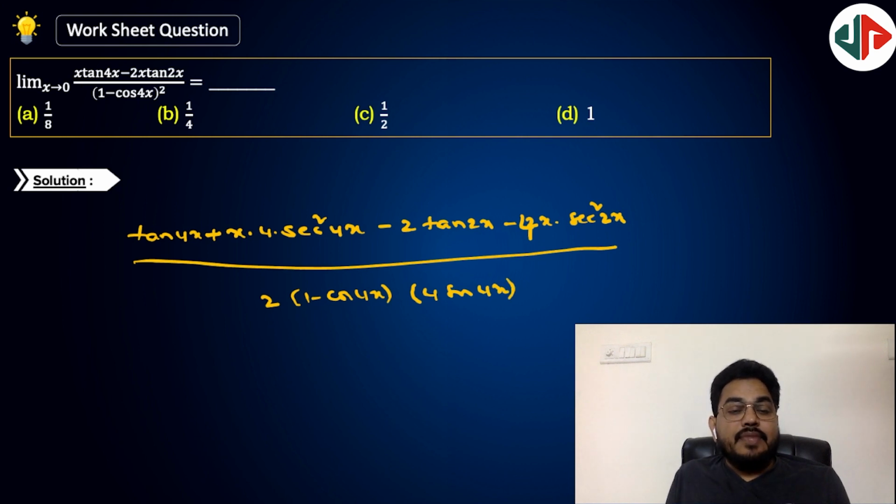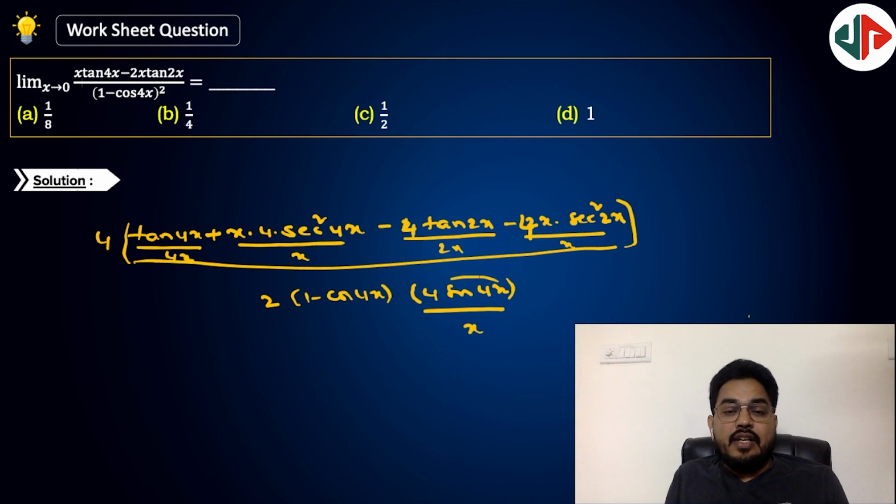Now let me write here 4x, I'm multiplying with 4. So here x, here 2x into 4, here x. I'm dividing with this and here x. So this value will be equal to 4. This x will be cancelled.